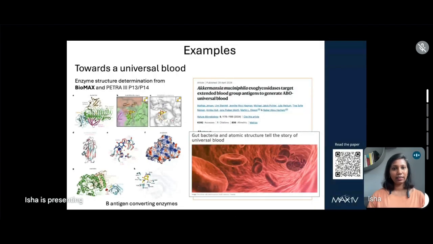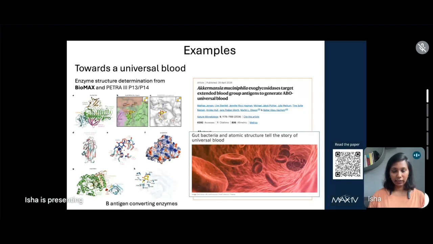One example that was done at MAX IV was the determination of an enzyme structure which could modify the B antigen on our red blood cells. So we have A positive, B positive, O negative and AB blood groups.